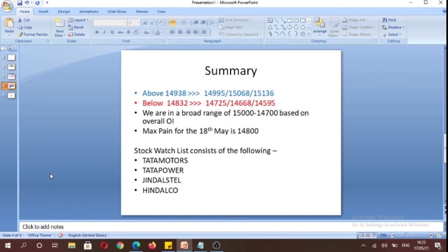So if market was to expire at 14,800, in that scenario, option buyers are going to suffer large amount of losses, as on expiry large percentage of options expire worthless, and our stock watch list comprises of Tata Motors, Tata Power, Jindal Steel, and Hindalco.